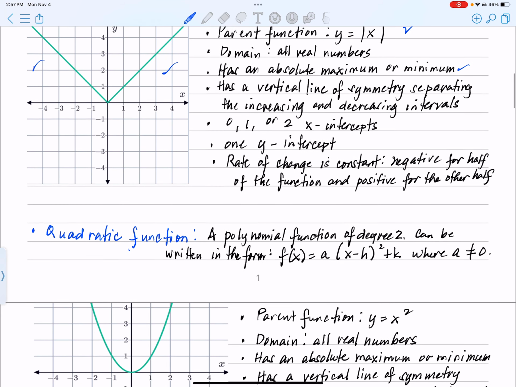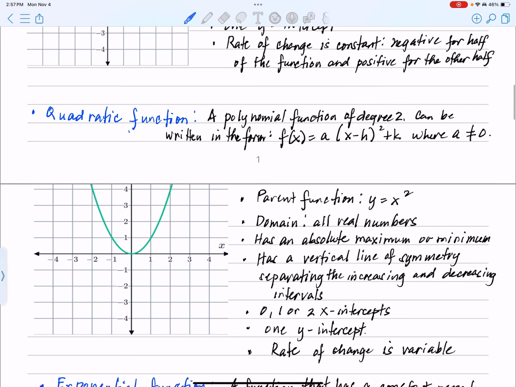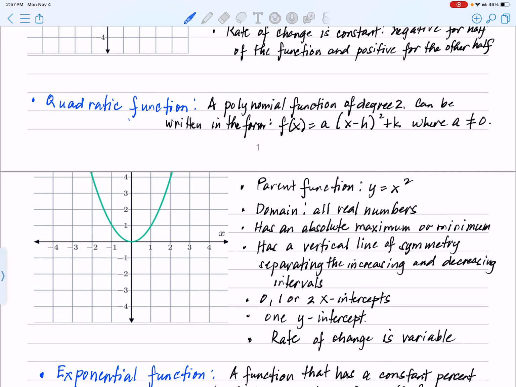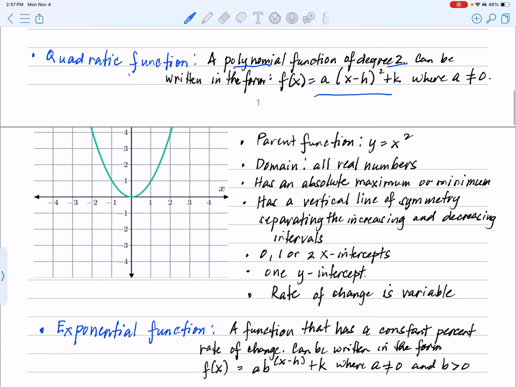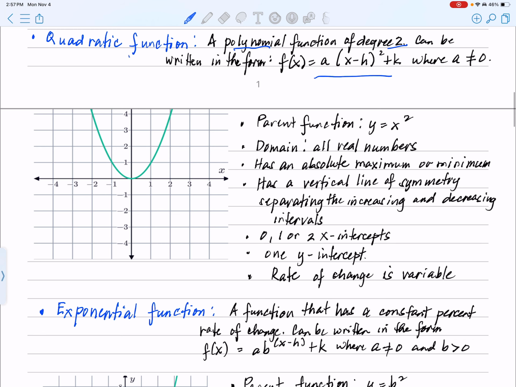The third is the quadratic function. A quadratic function is a polynomial function with a degree of 2. So when you have a degree of 2, then you can tell that it's a quadratic function. It is in the form f of x equals a times the quantity x minus h squared, plus k, where a is not equal to 0. So what are the characteristics of a quadratic function?